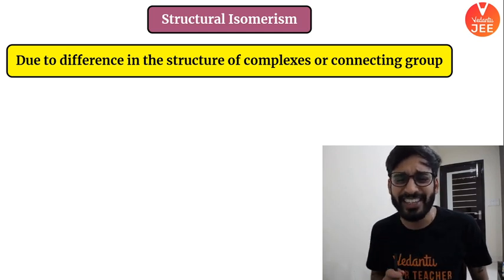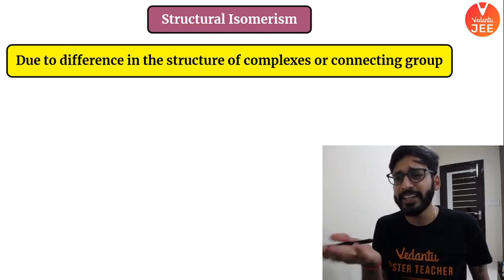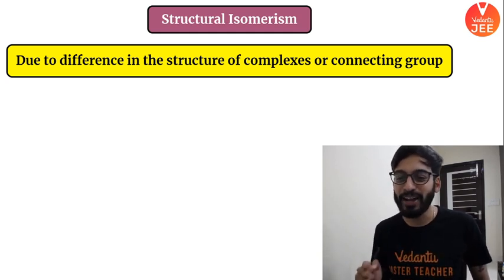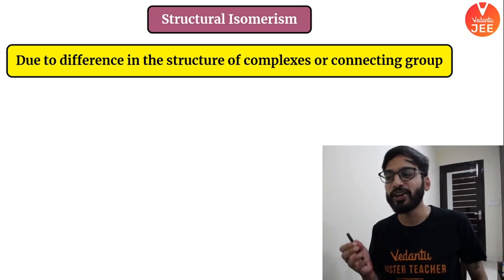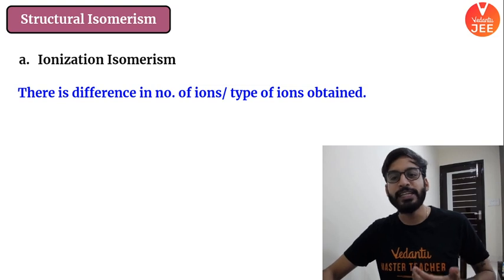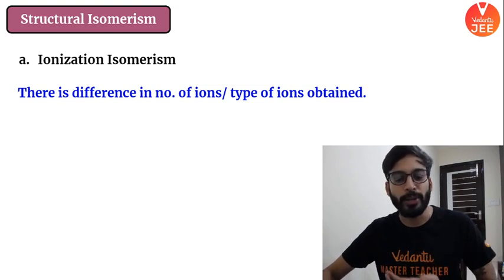From the name itself, it is quite evident. The name is a testament itself. हाँ, बड़ी सिंपल सी बात है. So what will happen due to difference in structure of complex or connecting groups? It is of various kinds. We'll deal with them one by one.